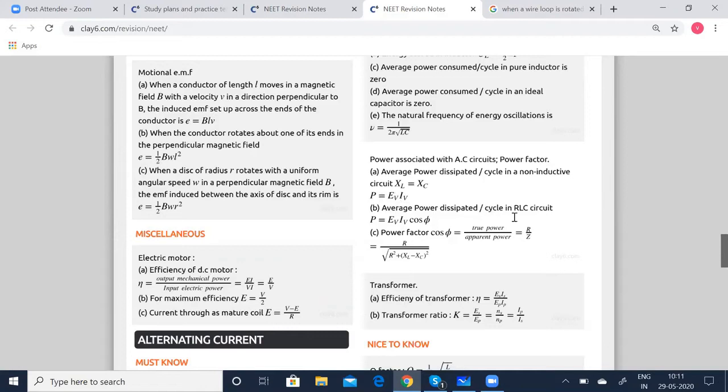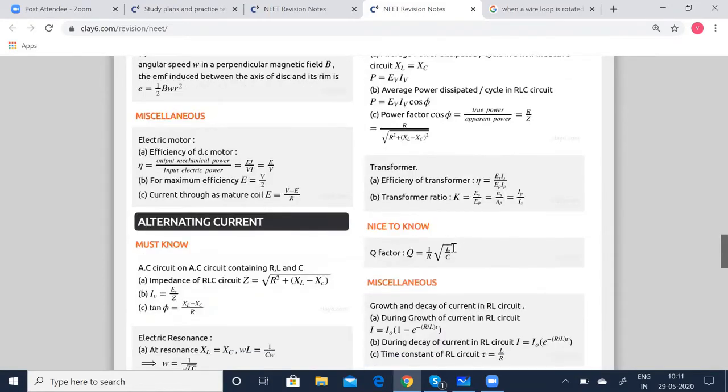Average power dissipated per cycle in an RLC circuit is P is equal to E_V I_V cos phi. So power factor cos phi is given by true power by apparent power, which is equal to R by Z, which is equal to R by root of, Z is nothing but R squared plus XL minus XC the whole squared. So substitute. That gives you R by root of R squared plus XL minus XC the whole squared.